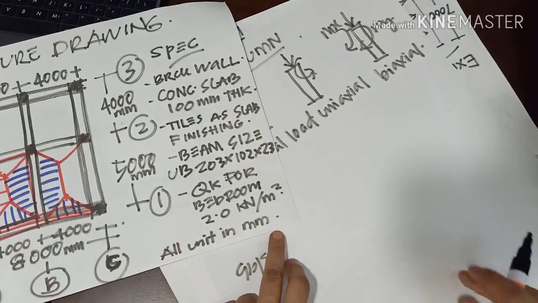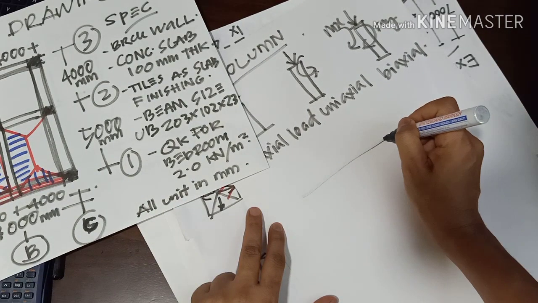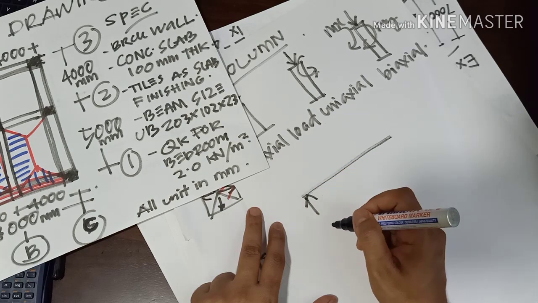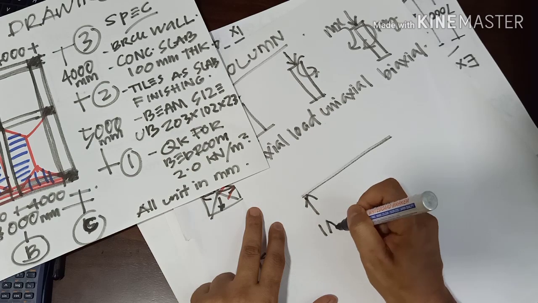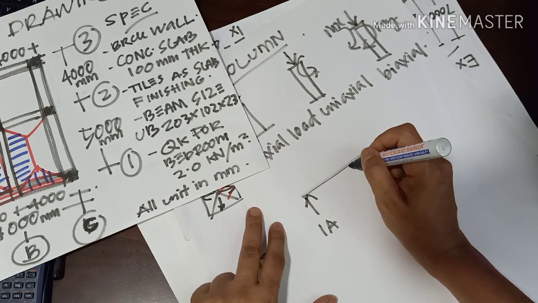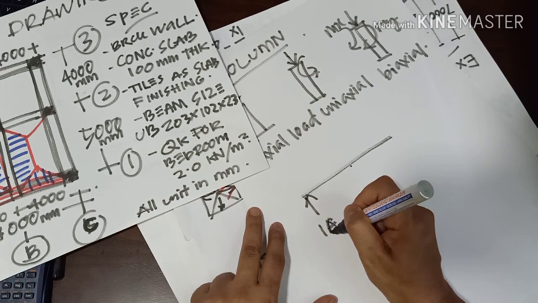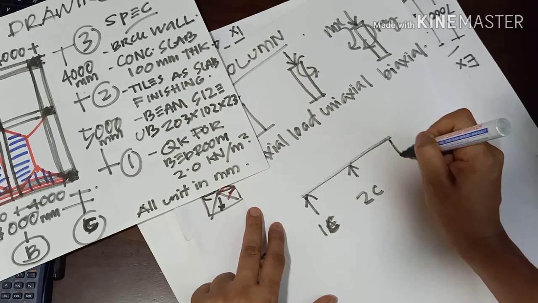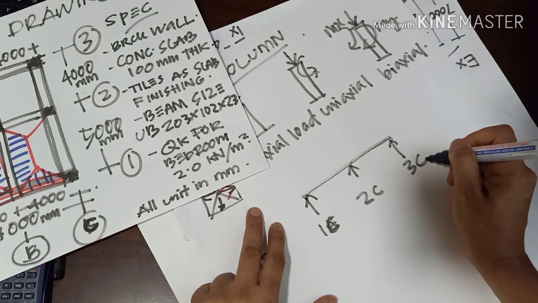Okay, so I take out column 2C. So we have column 1A. We also have column 1C, 2C, and also 3C.